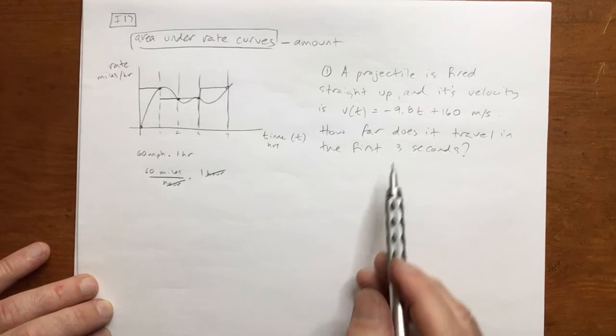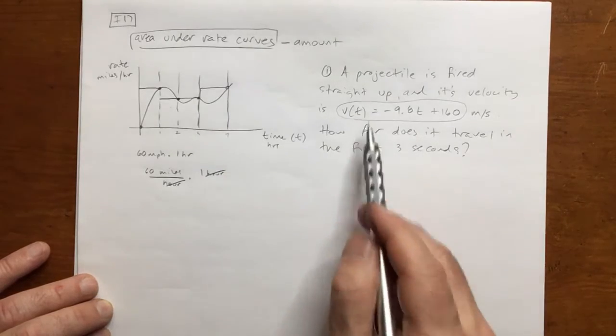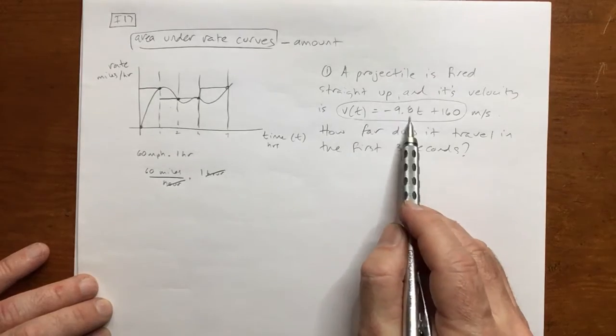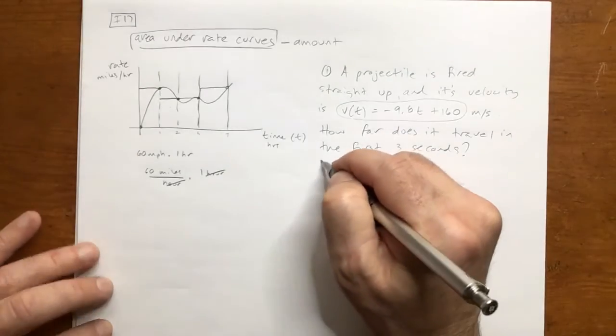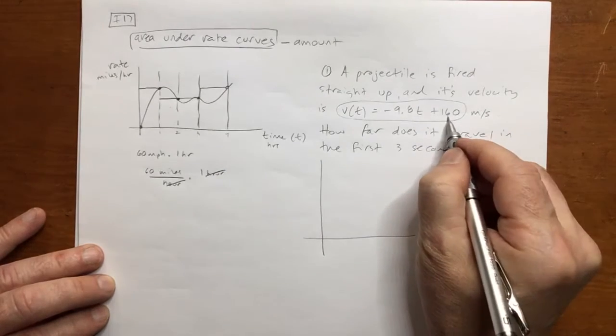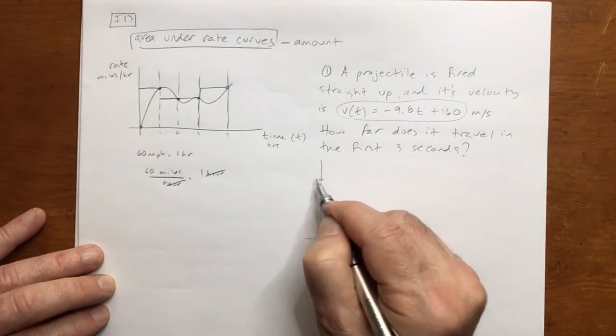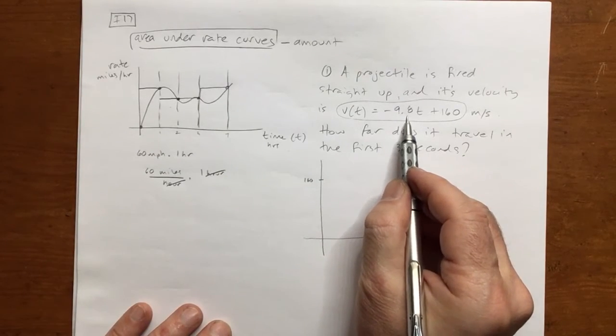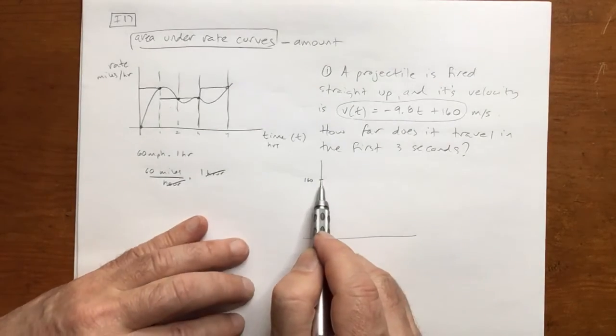Okay, so this is our rate. If I were to graph that, this is clearly a line with a slope and a y-intercept. My y-intercept is 160. My slope is negative 9.8, and so it's going down.